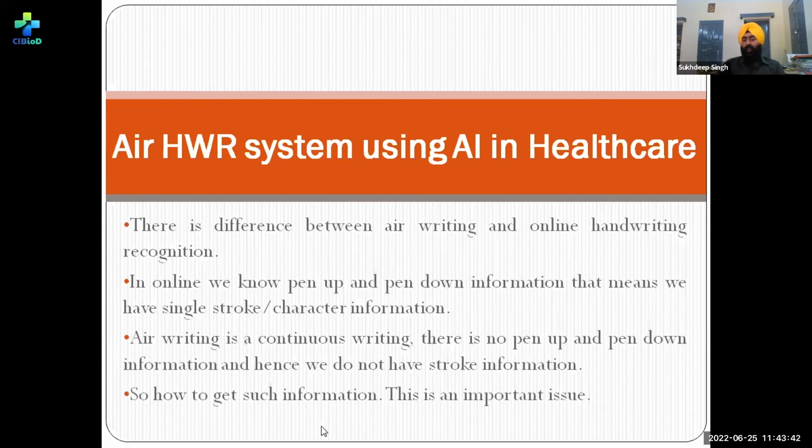In online handwriting, pen down and pen up information is available. But in air handwriting recognition, it is very difficult to identify where to start a particular word or where to end it. So this is also a tedious job to detect.